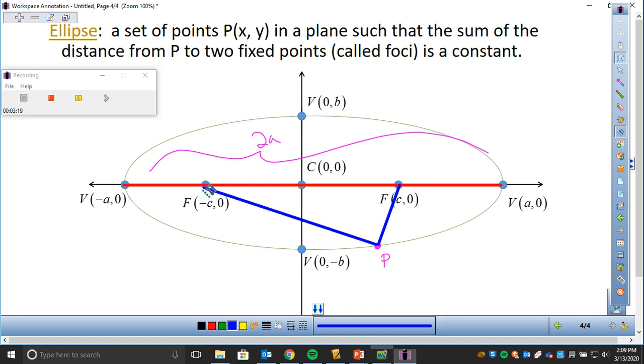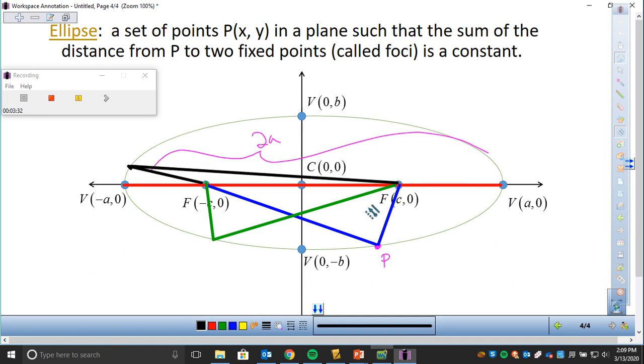As we talked about in class, if I put another point right here, it would be the same as that distance, which would be the same as if I put the point right here. All those distances, the blue, the green, and the black, would all be the same, constant, no matter where I put the point.